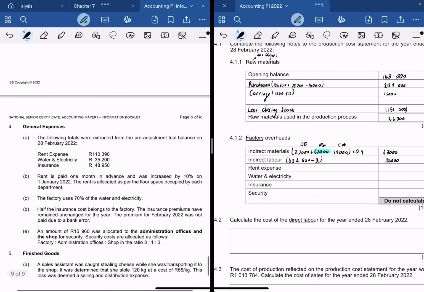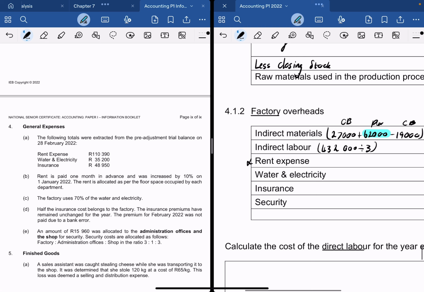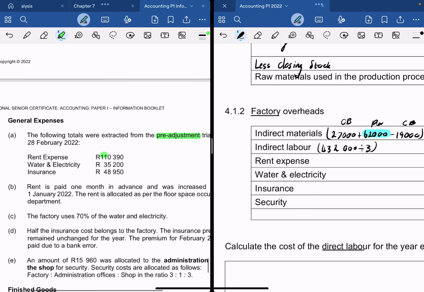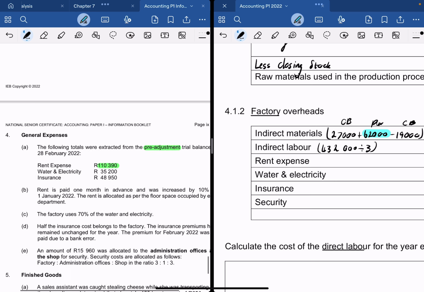Now we come to general expenses, which is probably what we're going to need for rent, water, electricity, insurance, and security. Okay? The following totals were extracted from the pre-adjustment trial balance. It's important, pre-adjustment trial balance on the 28th of February, 2022. Okay. So our rent expense was 110,390.